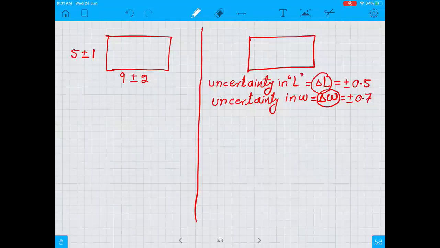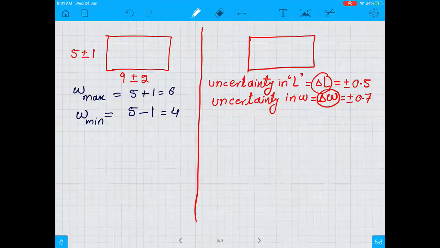Now, in the first part, if you calculate the maximum width and the minimum width, the maximum possible width of this rectangle could be 6. The minimum possible width could be 4.